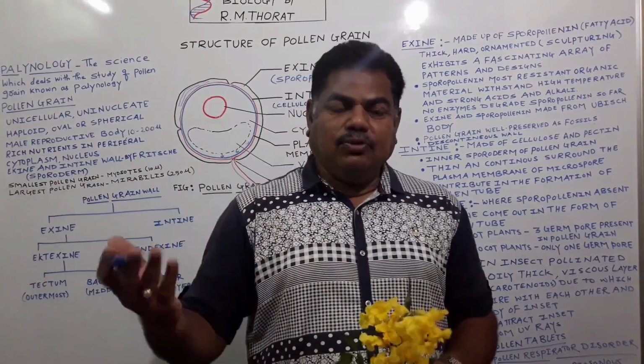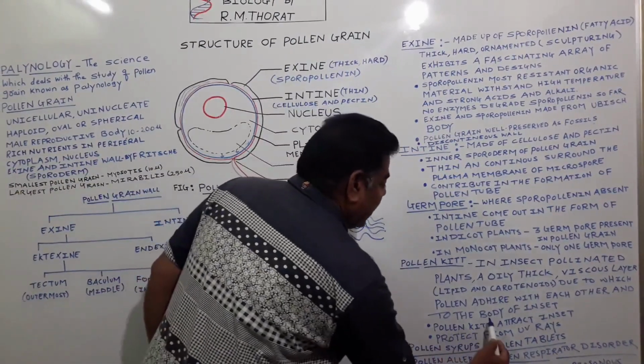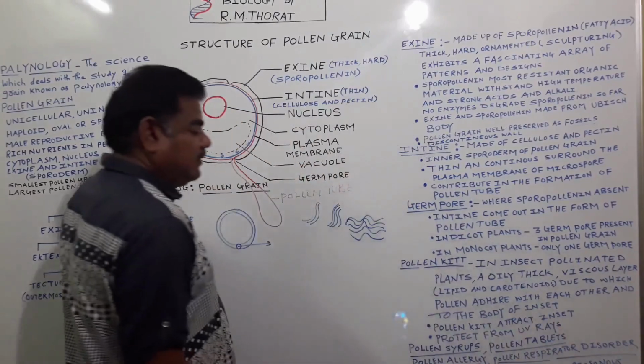We call it entomophily. So the pollen grain adheres to the body of the insect.